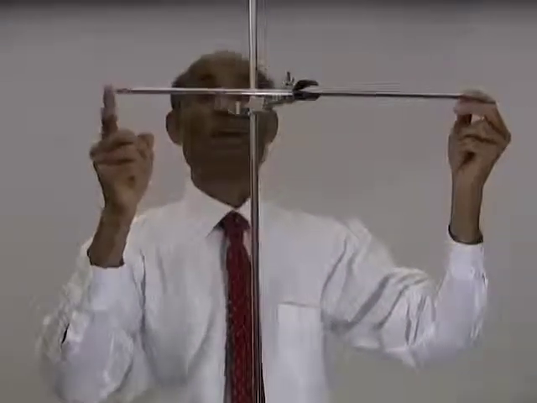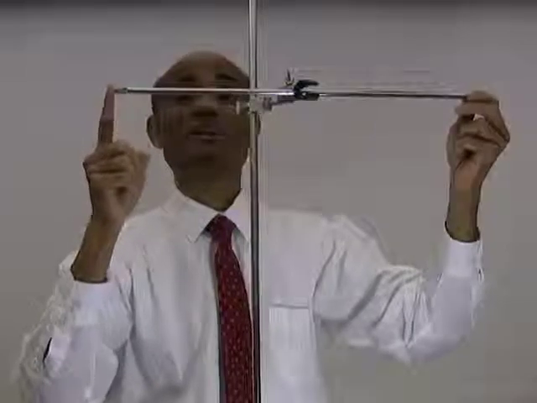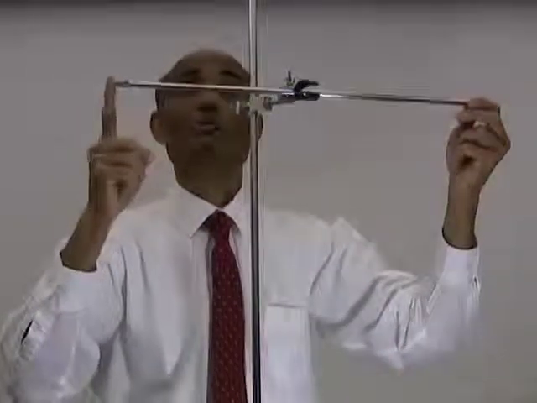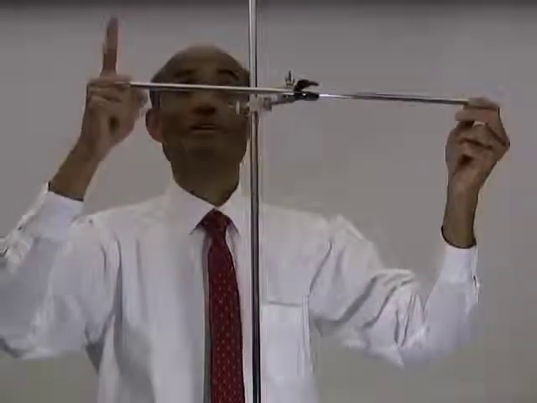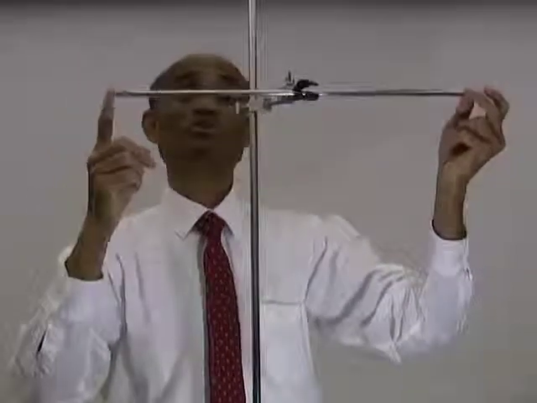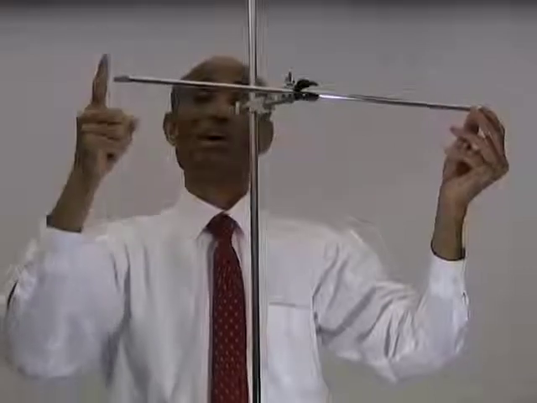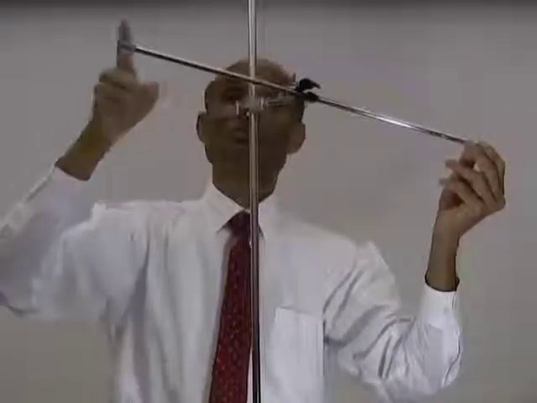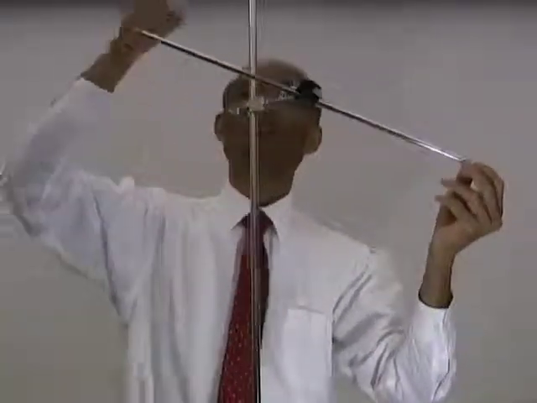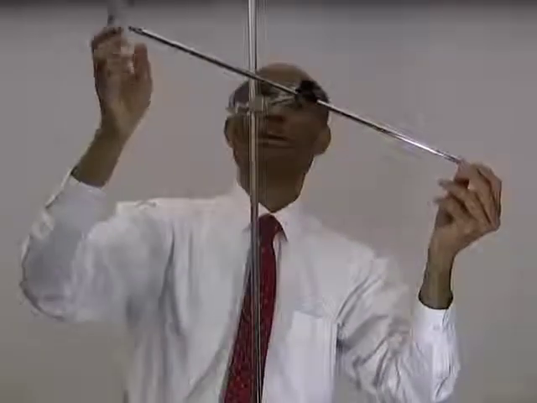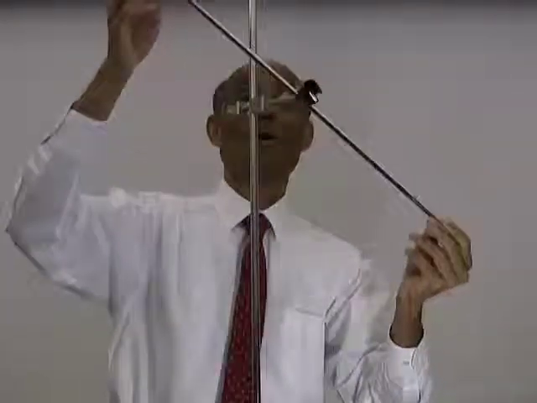Well, the force I apply on the right side upward produces a torque. Is that right? It produces a torque. What is the direction of that torque? You see, that torque is rotating this rod in the counterclockwise direction. It is a counterclockwise torque.